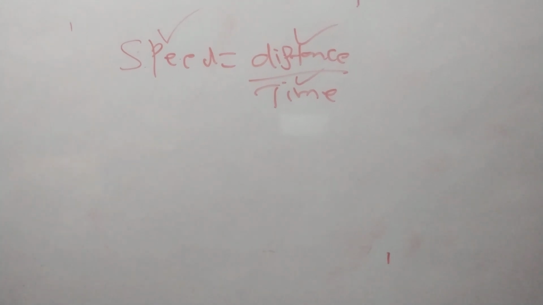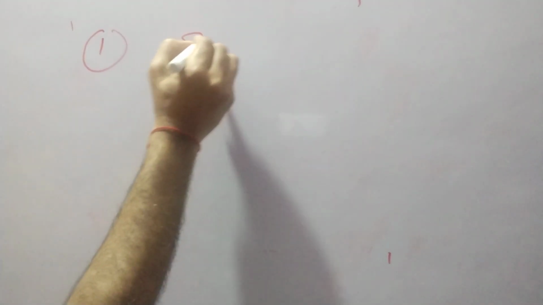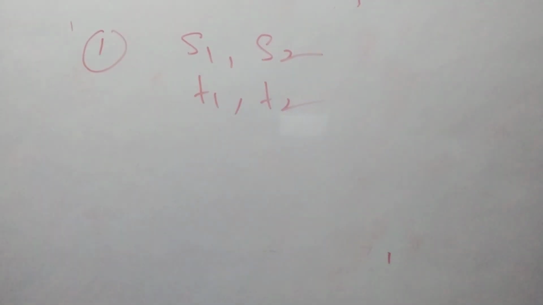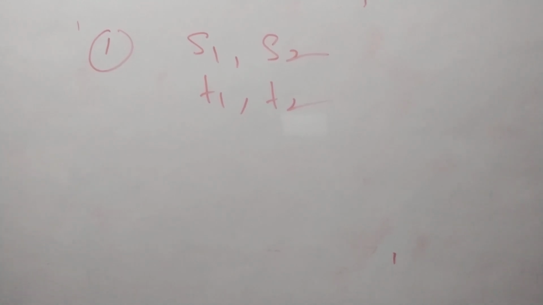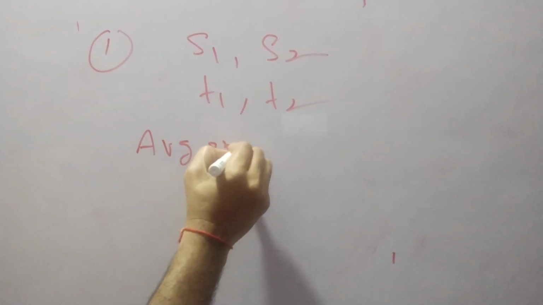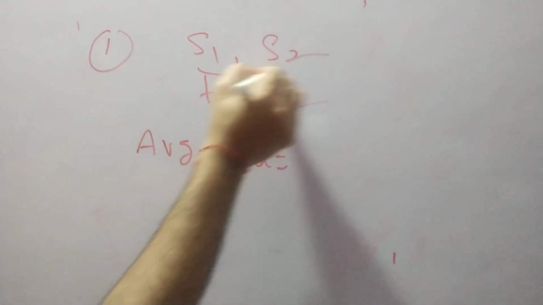First condition: when a particle travels s1, s2 in time t1, t2, what is the average speed? Average speed is total distance by total time.